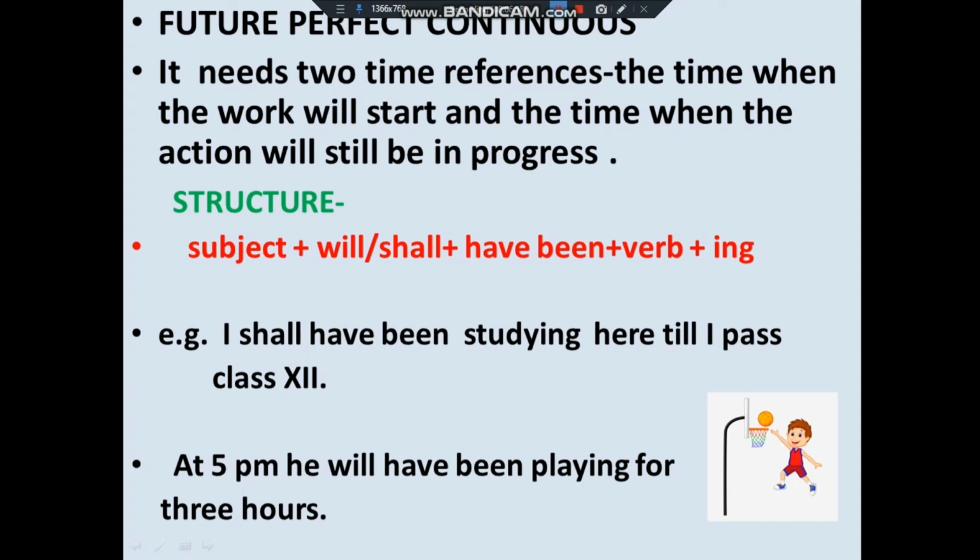Second thing, prepositions since and for are used in perfect continuous tenses. Without since, for, till, we can't make these sentences. And we focus more on duration of event than time. Have you understood?